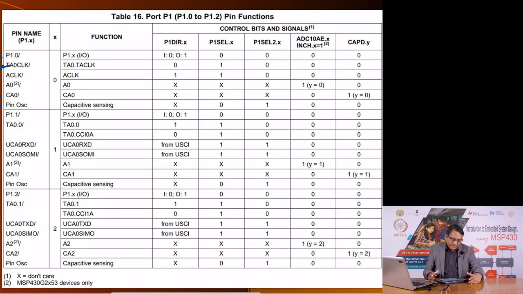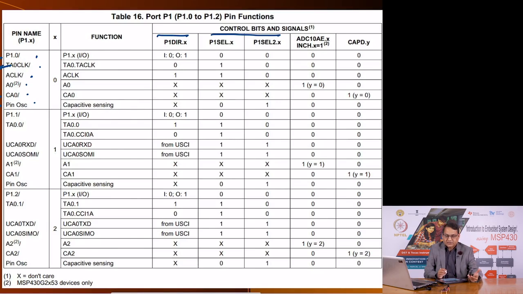So, as you can see, each of these port pins has 1, 2, 3, 4, 5, 6 functions, and how do you select which function this pin will work in? These are all the registers we have. We have one register called P1DIR, where DIR stands for direction. Then we have two registers called P1SEL and P1SEL2.